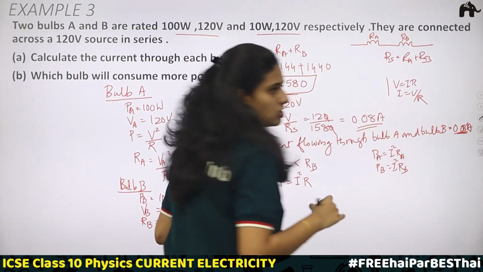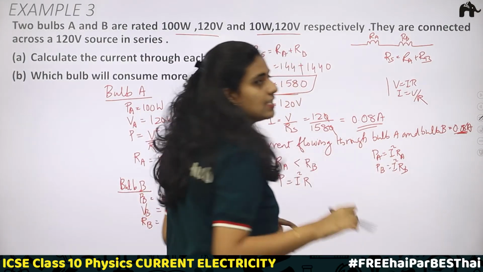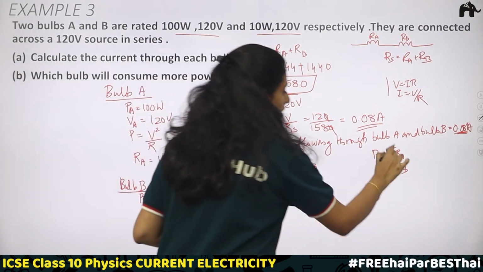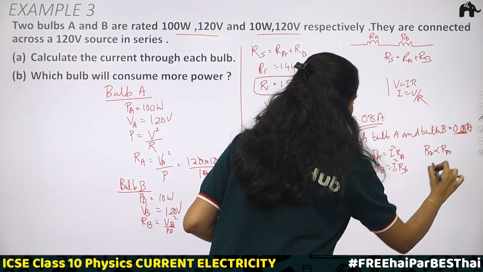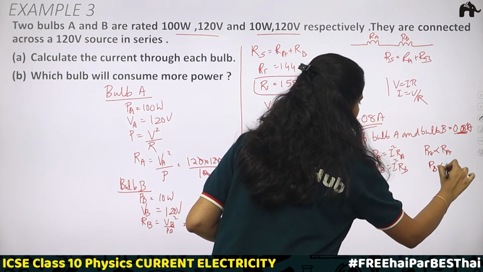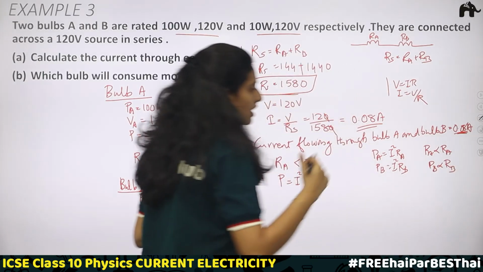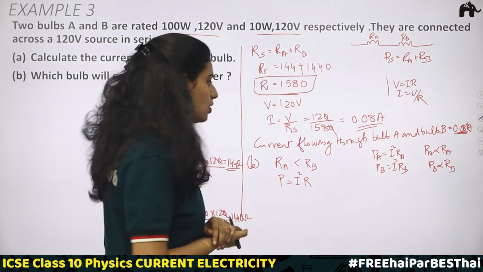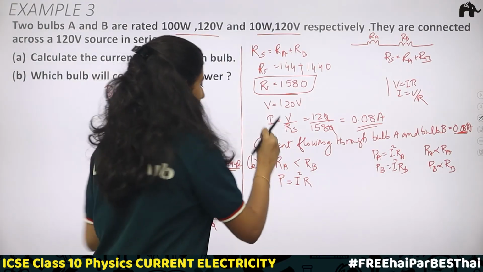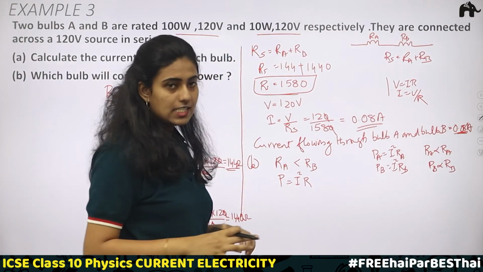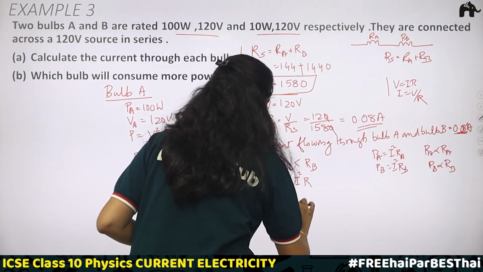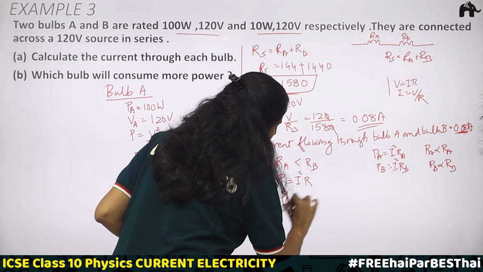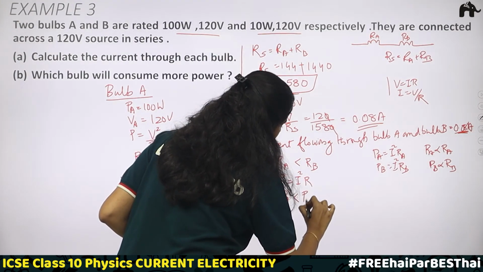We can take this relation because the current is the same in both cases, which means PA is proportional to RA and PB is proportional to RB. That is, when resistance increases, power also increases. So the bulb with less resistance has less power, which means power of bulb A is less than power of bulb B.